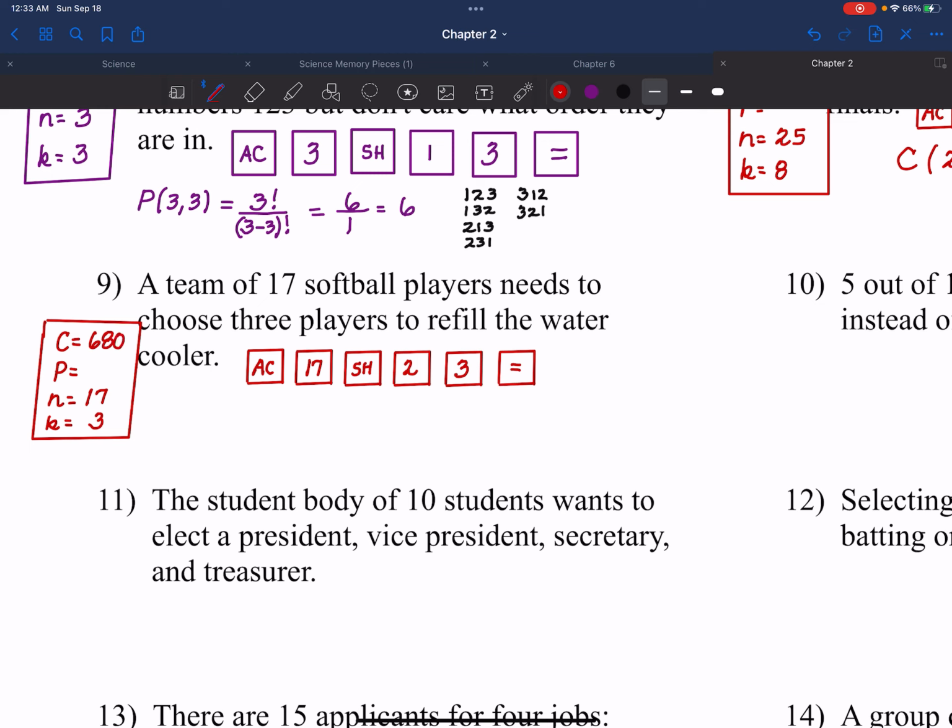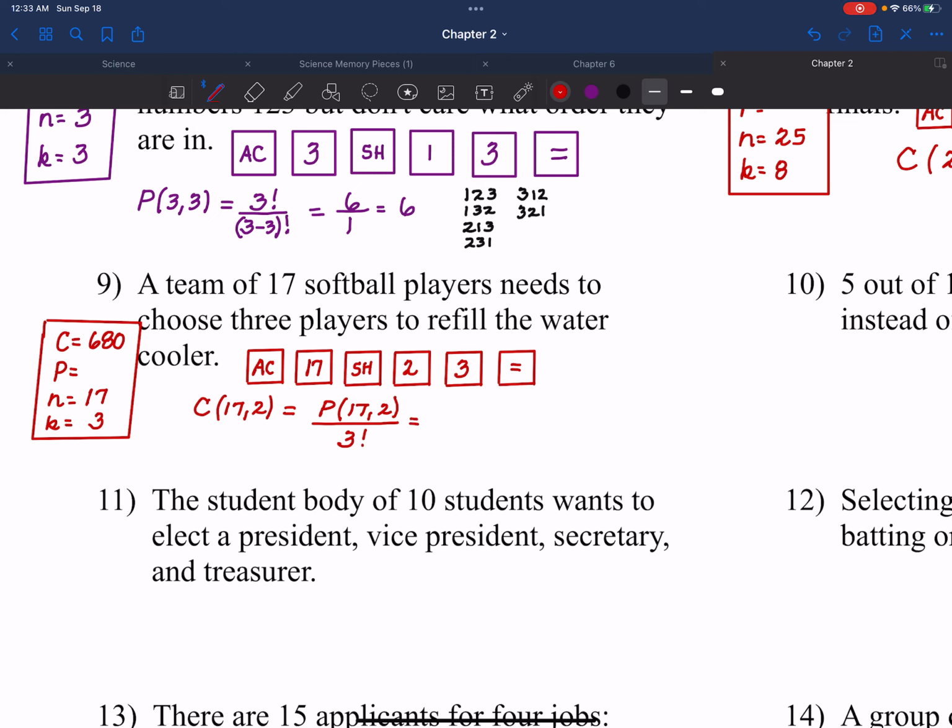All right, to do this by hand, we're going to have combination 17, 3 equals permutation 17, 3, and then let's remove the redundancies to get 3 factorial there.